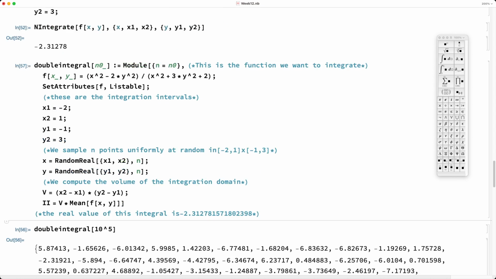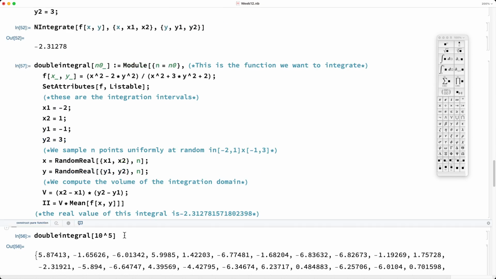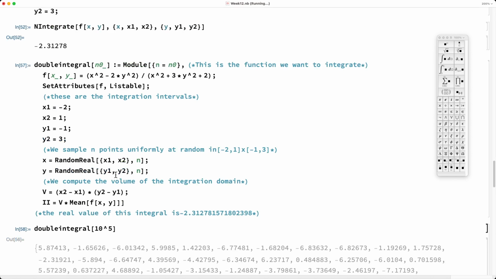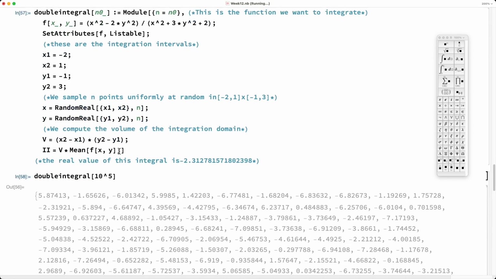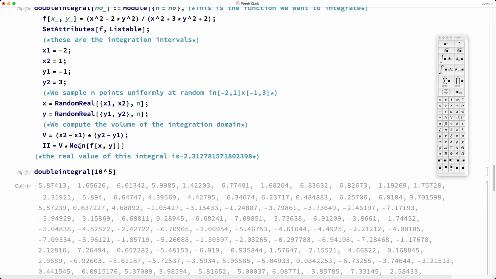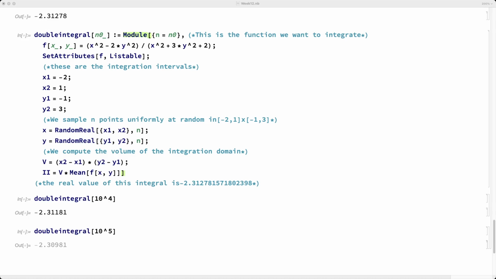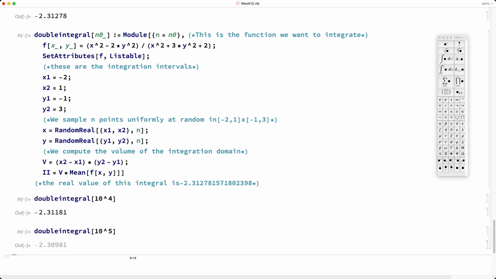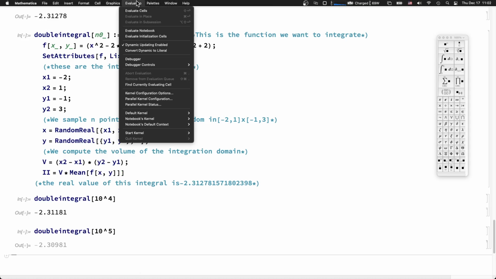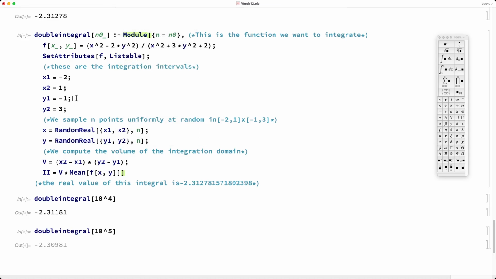And try again. Okay, so there is a bug. Let's quit the kernel. Actually, it's quit already.